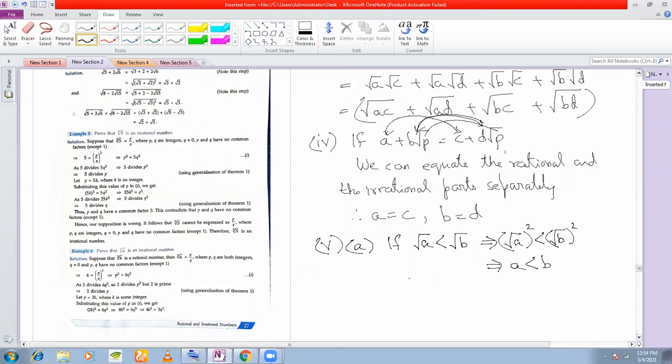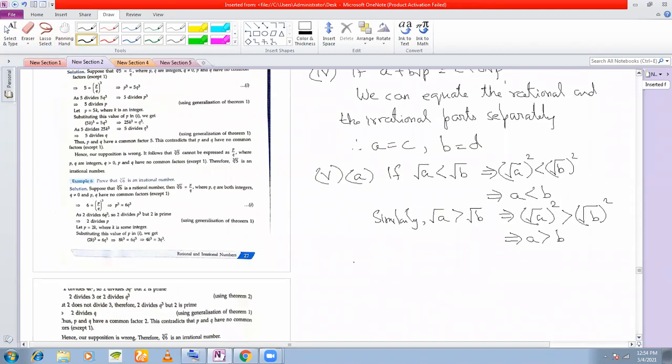Okay. Similarly, if you have root a greater than root b, then also you can square both sides and you can have a greater than b. Okay, this was part A.